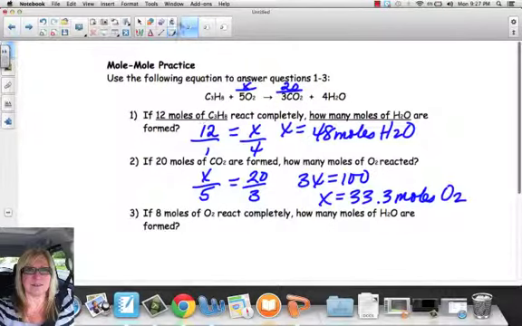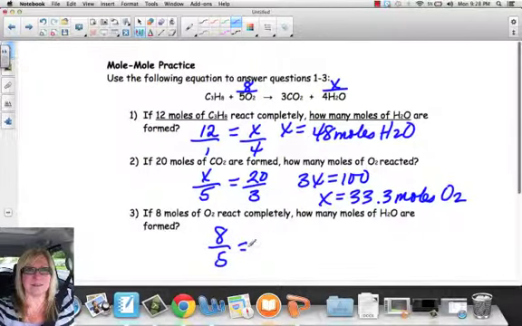Let's do the last one. Starting with 8 moles of oxygen react completely, how many moles of water are formed? And I want to figure out water. So now I have 8 over 5 equals x over 4. So I have 5x, cross multiply and divide, equals 320.